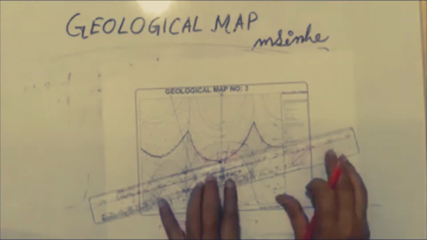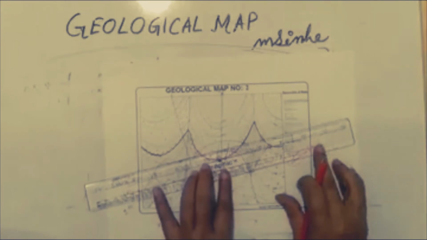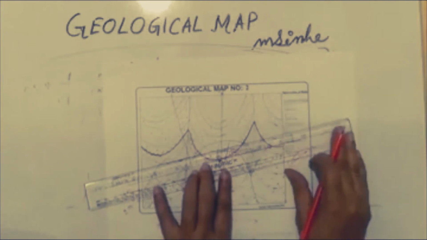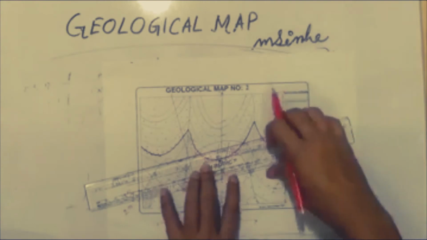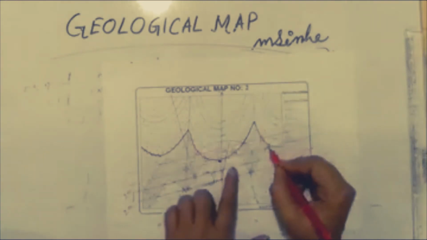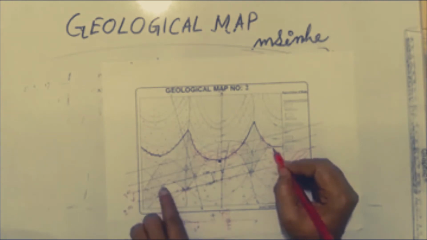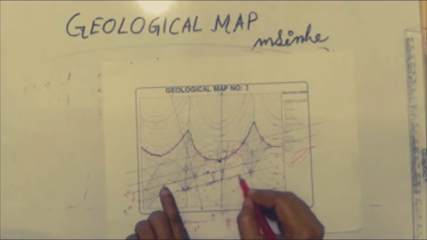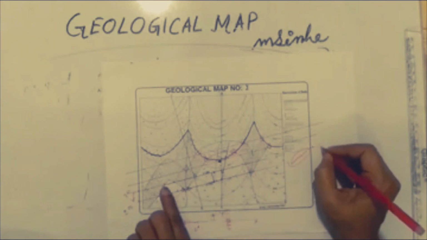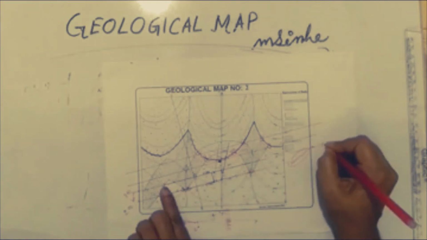This is a straight line. Suppose I am drawing another straight line, and another. Suppose the value of the straight line is 200. This is the value of 200 feet.